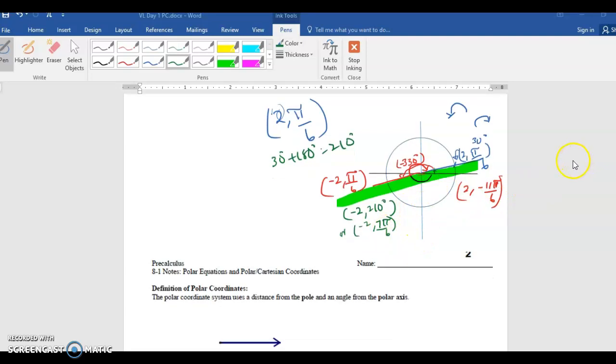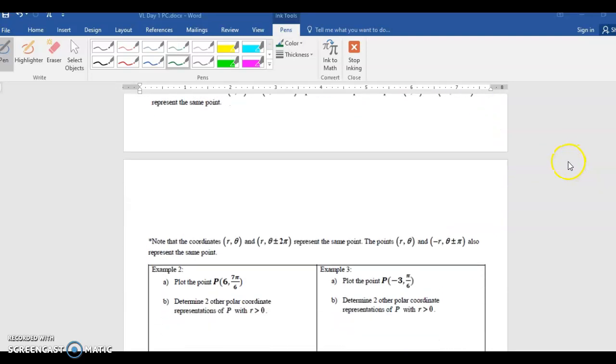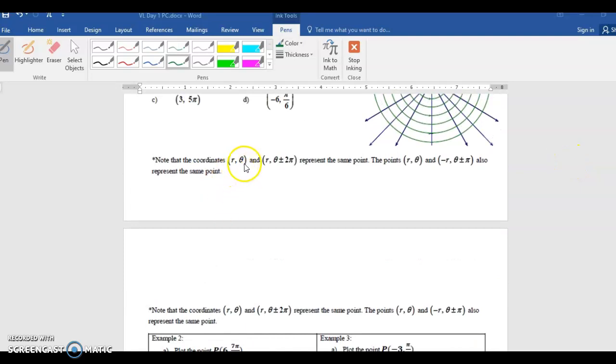Normally they generalize this by saying r comma theta, or r and theta plus or minus 2 pi, because you're adding 360 degrees on both the positive side and negative side. And when you're making the negative r, you would add plus or minus pi, because we're going on just the other side of the same line. So that's the deal here.